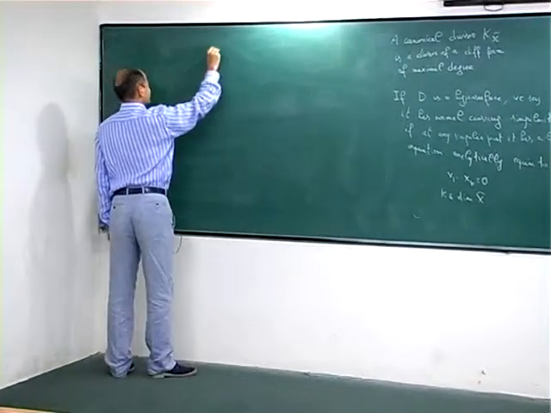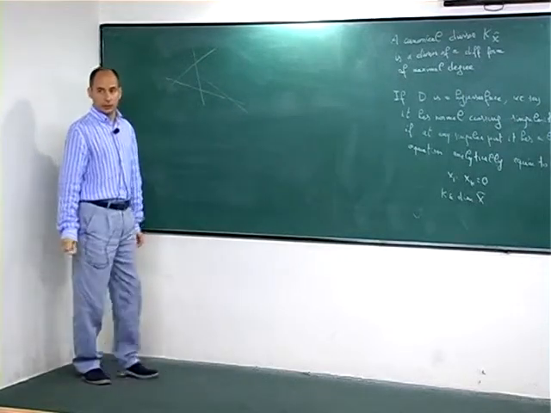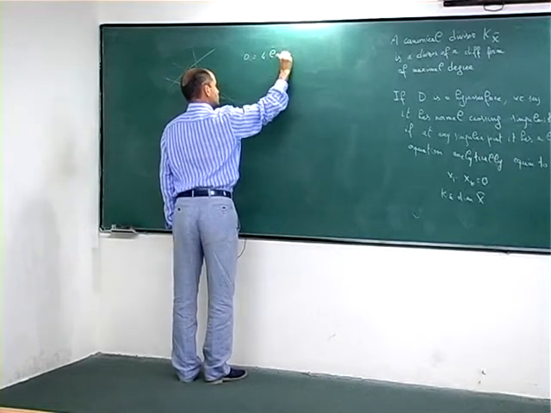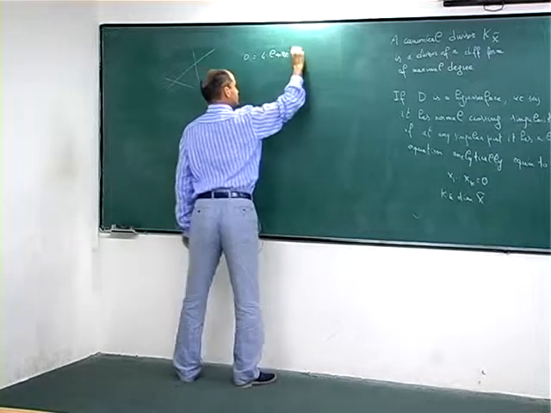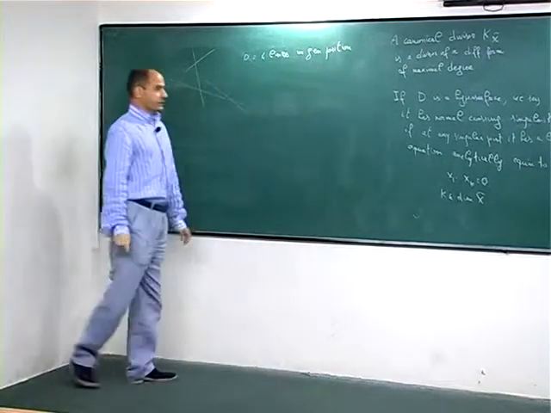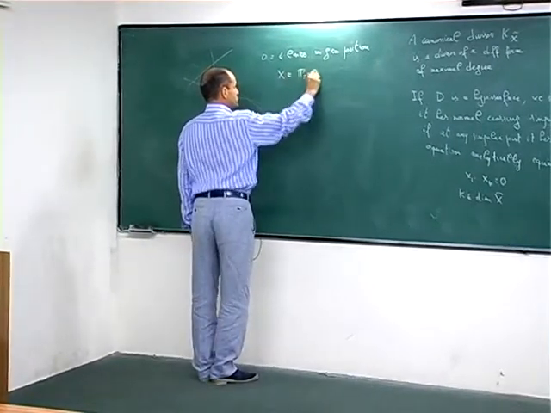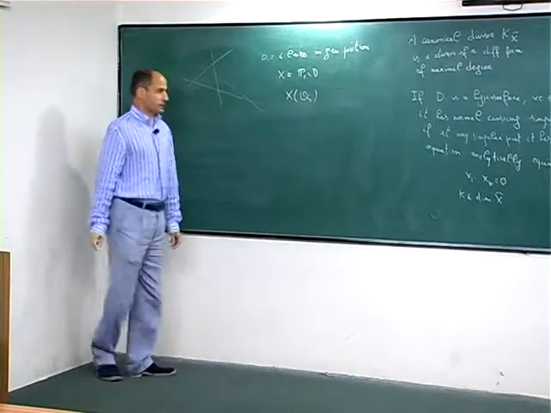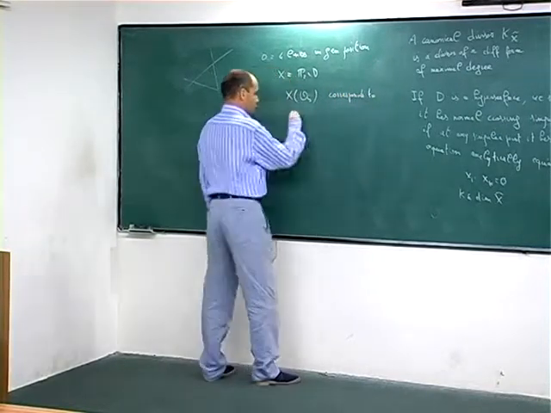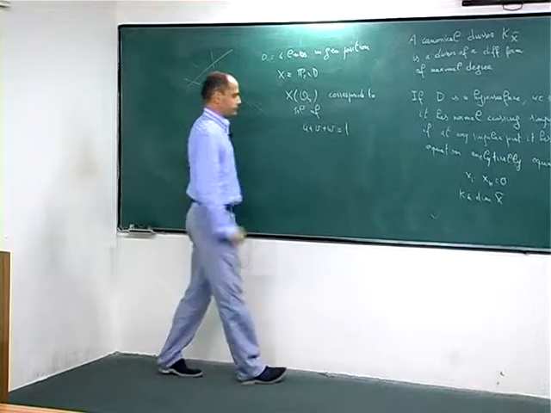I already explained that if we remove 4 lines in general position, then the integral points on the complement, so X is P2 minus D, correspond to solutions of the S-unit equation in 3 variables U plus V plus W equals 1.